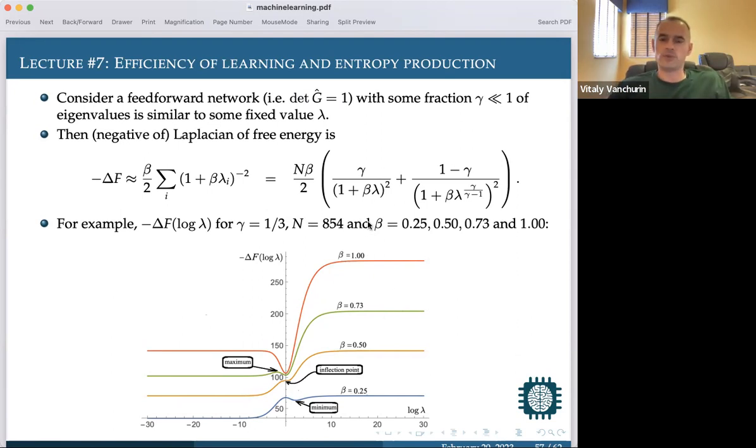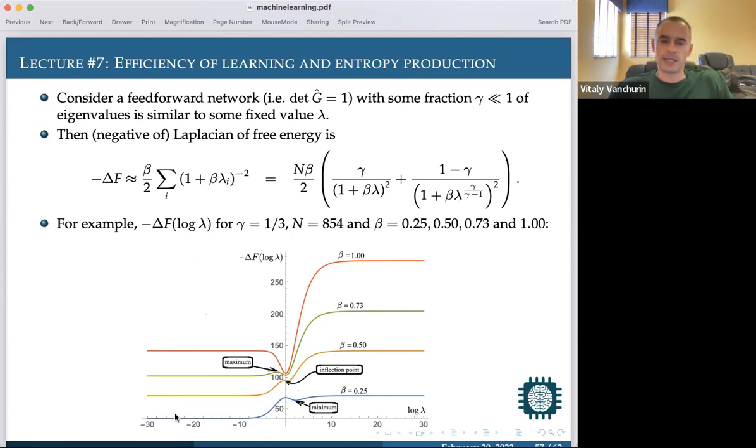And then I plotted for 4 different values of beta. Remember, beta is something that actually changes with time. Beta is the inverse of the temperature of the non-trainable variables. And so as temperature decreases, beta gradually grows. Okay, so that's the setup.